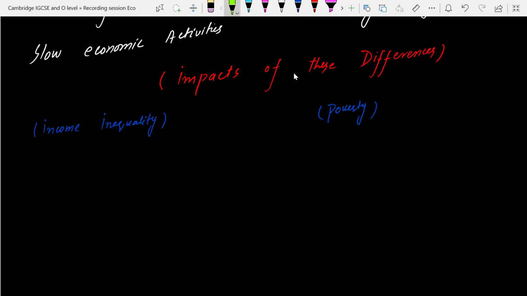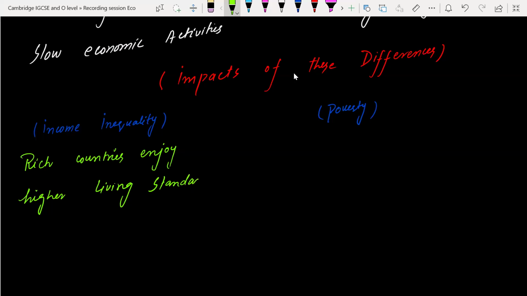Income inequality means rich countries enjoy higher living standards.